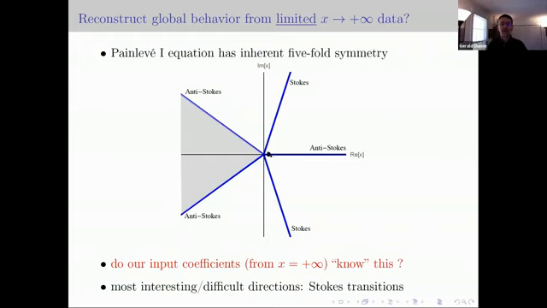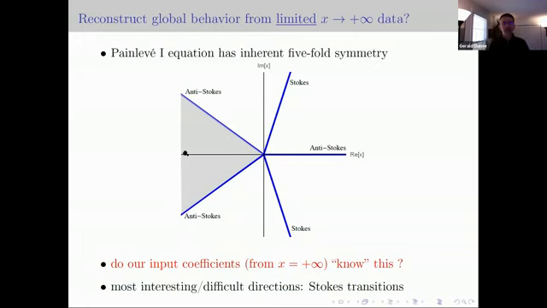It has this Stokes structure. There's an anti-Stokes line along here for the tree-truncated. This is a Stokes line at, what is it, pi/5, 2 pi/5 here, 3 pi/5, 4 pi... No, sorry, 2 pi/5, 4 pi/5, sorry, can't count.